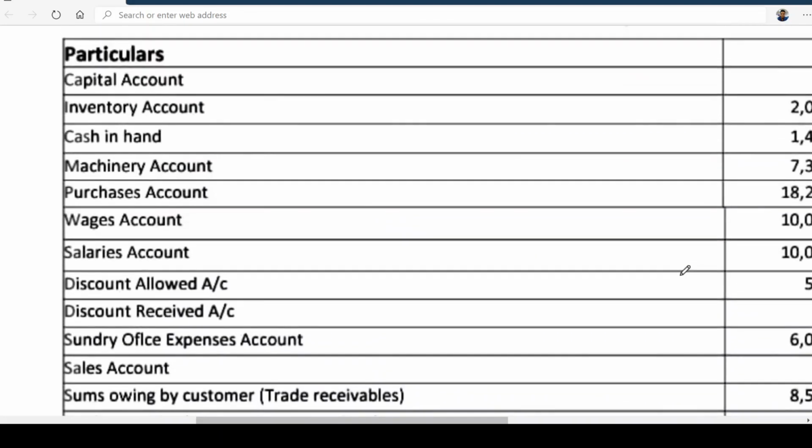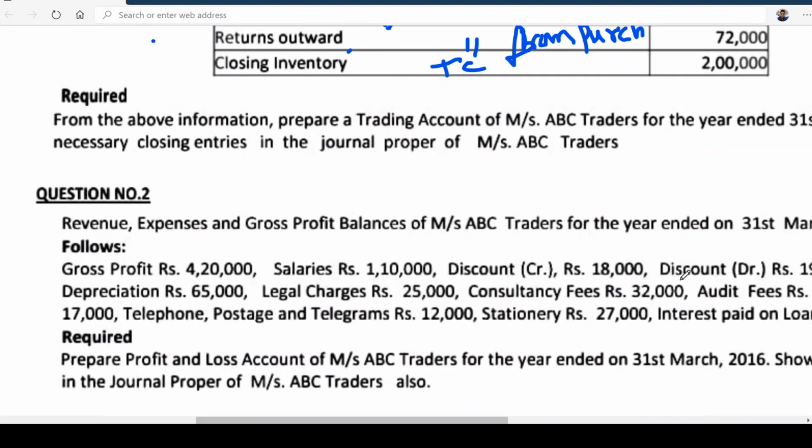Second problem. Question number 2. Revenue expenses and gross profit of Mrs. ABC Traders for the year ended 31st March 16 were as follows. I think he is asking you to go for the profit and loss account of Mrs. ABC Traders for the year ended 31st March 16.